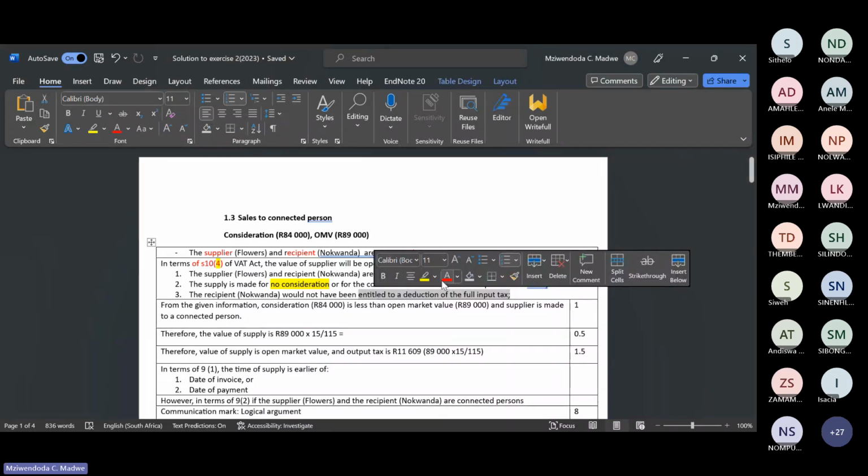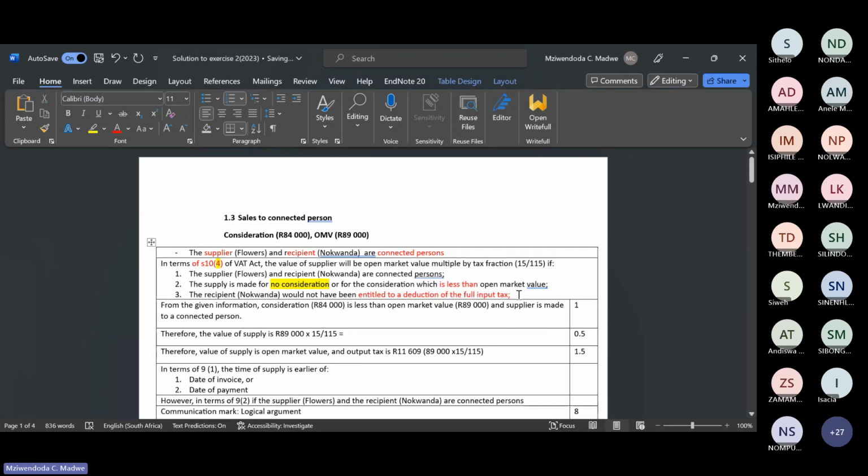So it means if Nogwanda is not able to get a full deduction of input tax, what does that mean? Maybe it can be indicated in your question that Nogwanda is entitled to 60% of input tax.